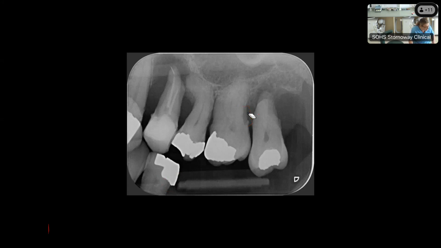So, what is that? Because it's radiolucency, that part is darker than the rest of the tooth. Why? And would you put an ICTA score on that?